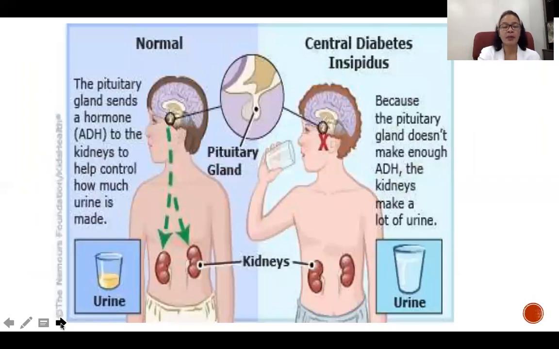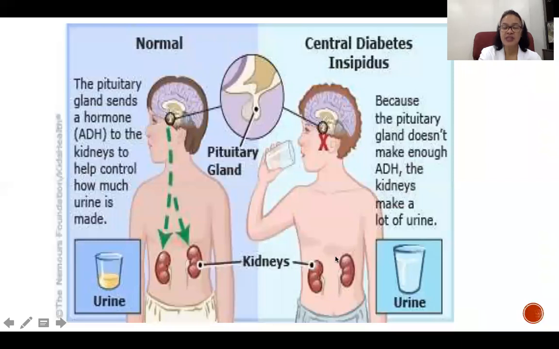So this is the normal, no? So the pituitary gland here, as we all know, will send your ADH to the kidneys, okay, in order to control how much urine is made.